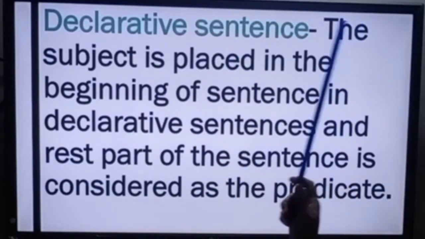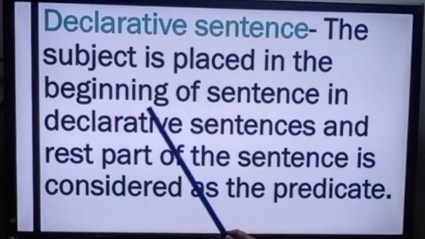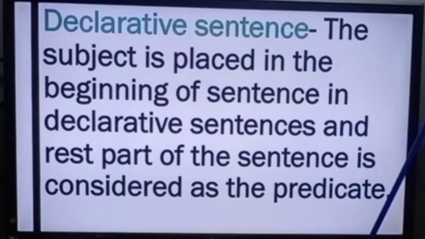Declarative sentence. The subject is placed in the beginning of the sentence in declarative sentences and the rest of the sentence is considered as the predicate. So, we write the subject in a declarative sentence in the beginning of the sentence, right?